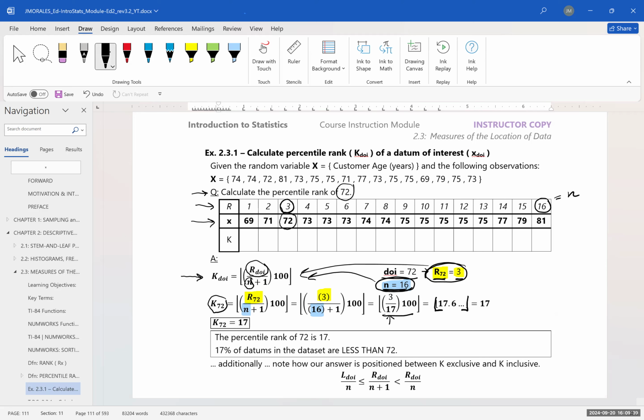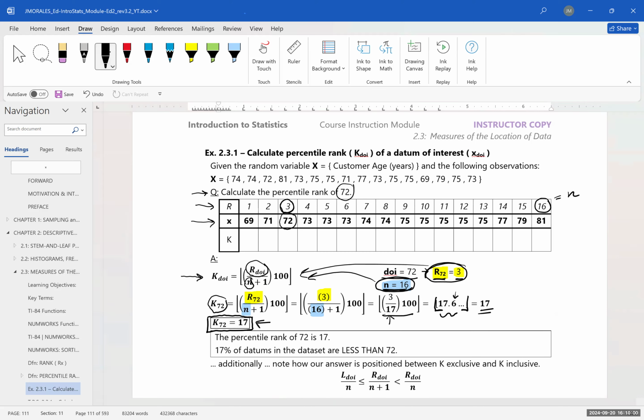Traditional rounding rules would tell you that because this is a 6, we would round that up to 18. But in this formula, you're always going to round down. So we're going to round down to 17. So this means the percentile rank of 72 is 17.